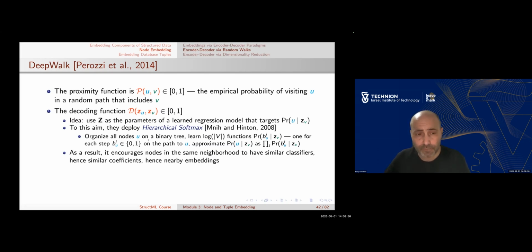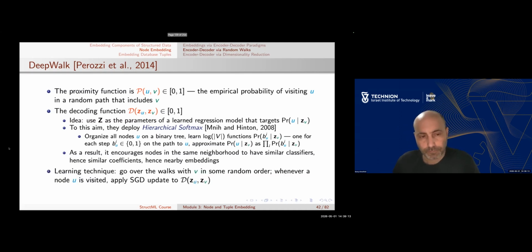Since they have similar classifiers, they're encouraged to have similar coefficients. Think of a linear classifier, and therefore nearby embeddings, because these embeddings are essentially these classifiers.